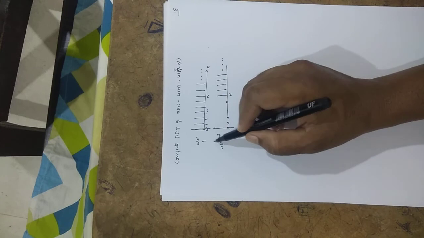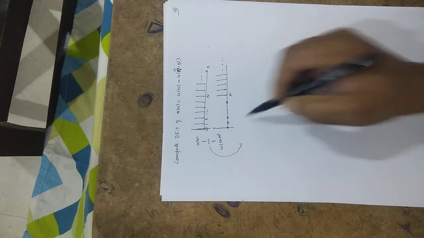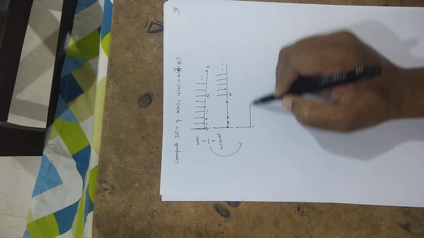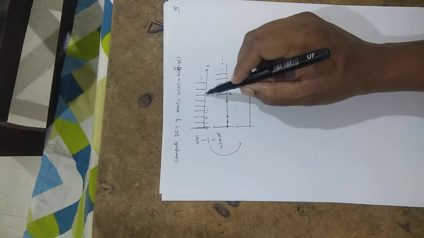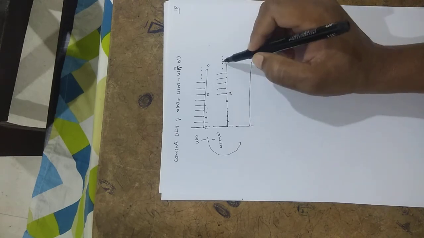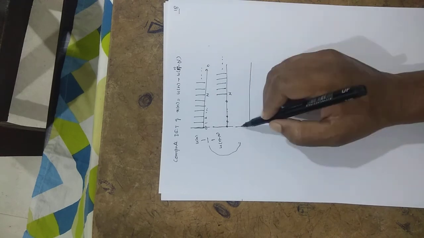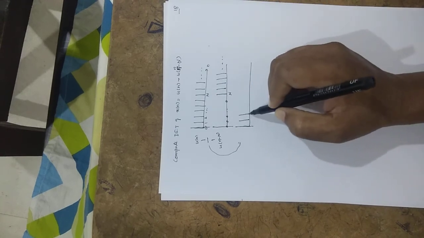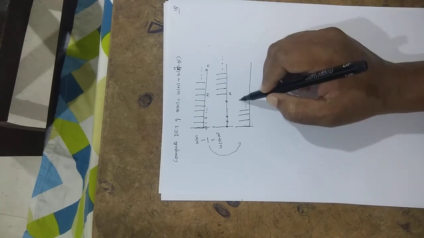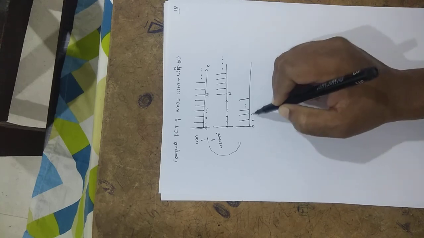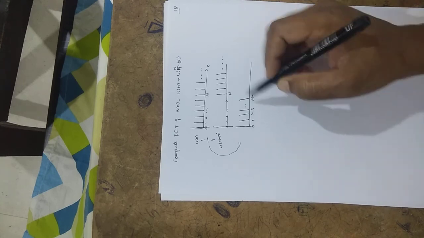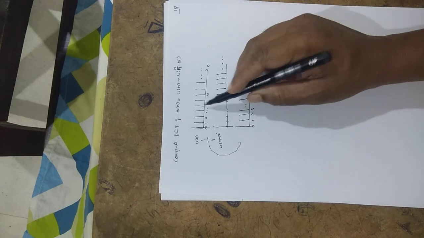When you subtract these two, the resulting one will be, from n onwards, 1 minus 1, which is 0. Whereas from 0 to n minus 1, it has a finite value, that is 1. So 0, 1, 2, 3, up to n minus 1: 1 minus 0 is 1.